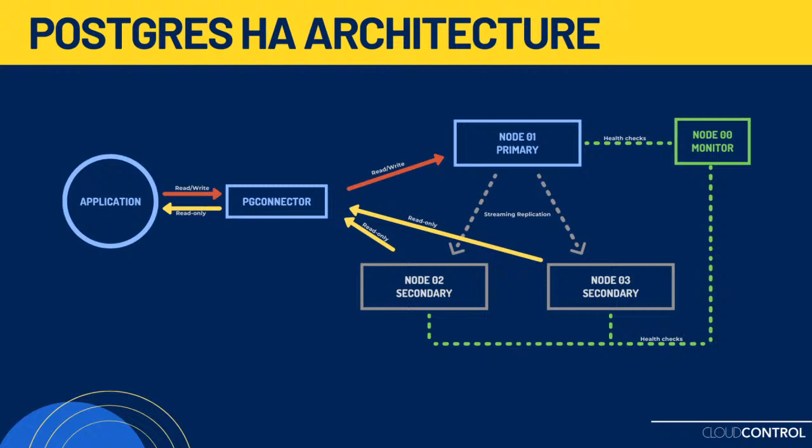So this whole architecture we will be doing in the demo. First, we will deploy the Postgres HA mode, then we deploy the PG connector, and then we will deploy the sample Spring Boot application. And in between, we will be doing the verification using Adminer to make sure that everything is functional as we go along.